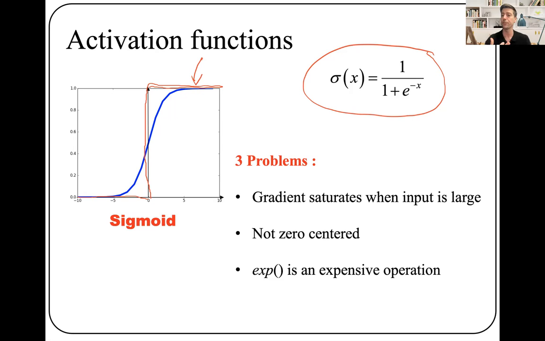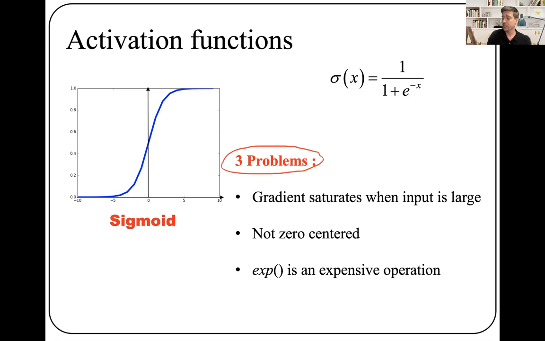And the perceptrons were the first neural network models that were proposed. So it made sense to have this kind of differentiable version of the threshold function. For a long time, this was the function used in almost all neural networks. But this activation function suffers from three very important problems.